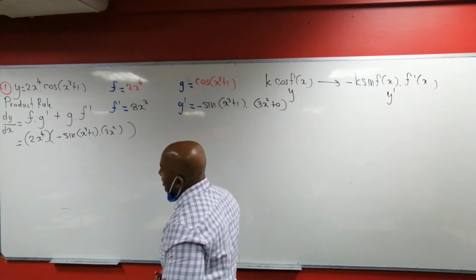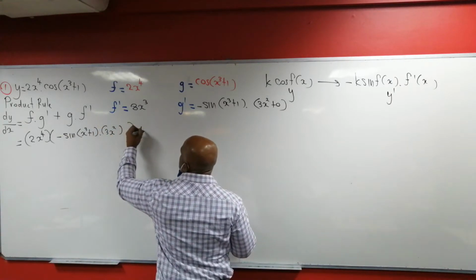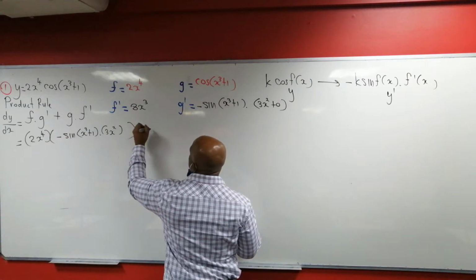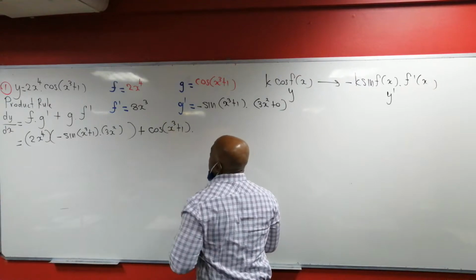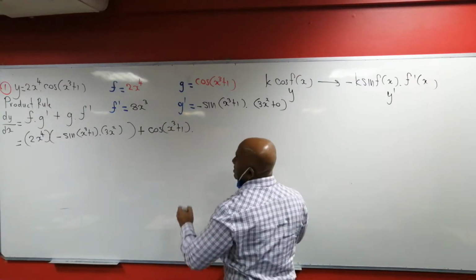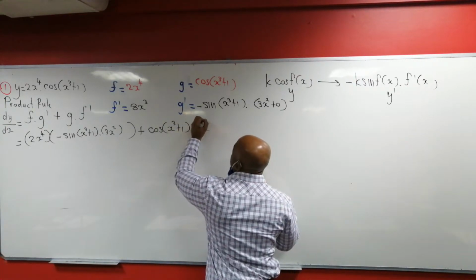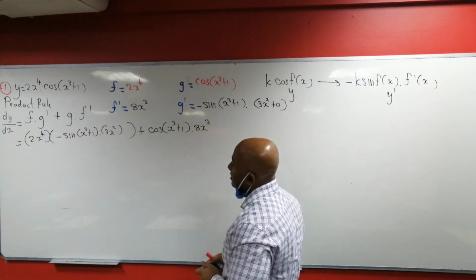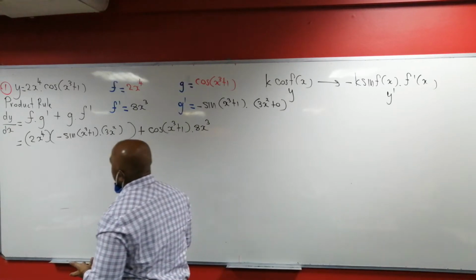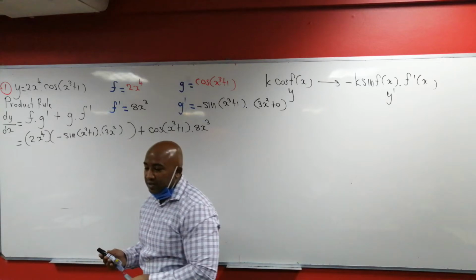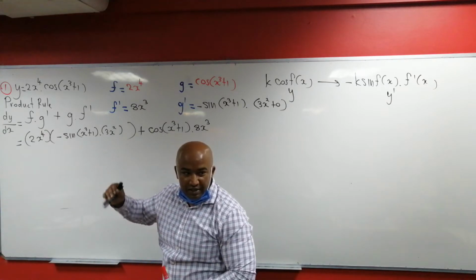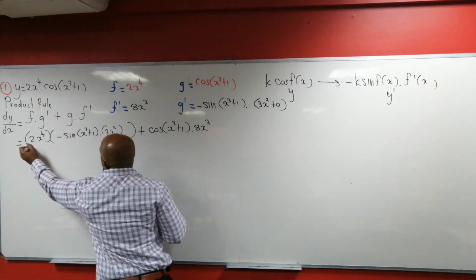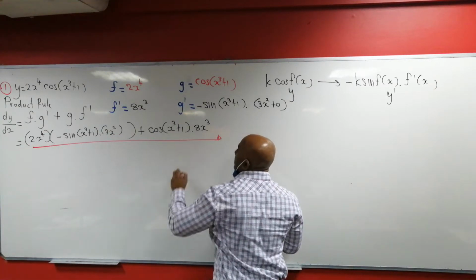So that was your f g prime plus g, which is cos of x cubed plus 1 times f prime, which we just found now is 8x to the power 3. You can simplify this if you want to, but I'm not going to get into simplification. Now the main thing is everything is in its correct place there. Right, so I'm going to leave it unsimplified like this here.